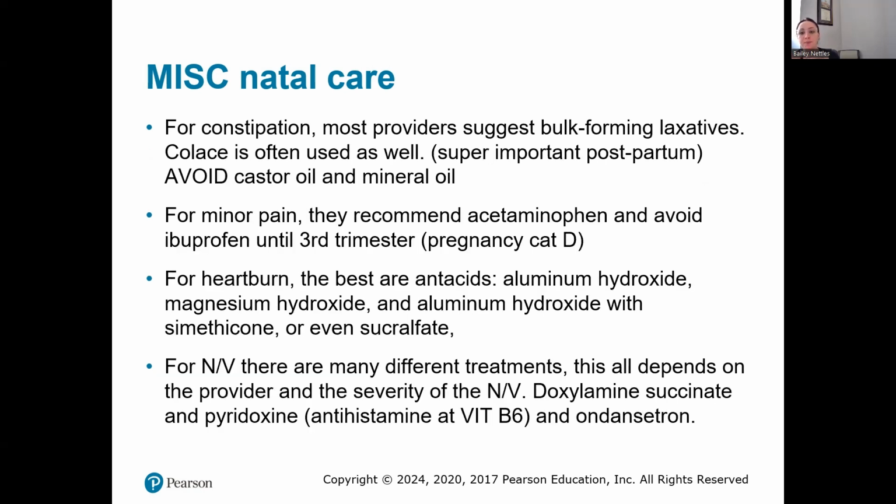For constipation, they usually tell you to use bulk forming laxatives. Colace is super helpful as well, which is a stool softener, which is docusate. Also super important postpartum. So the first time, especially if you have a vaginal birth or a C-section, you've had abdominal surgery and if you've had a vaginal birth, you've had vaginal trauma.